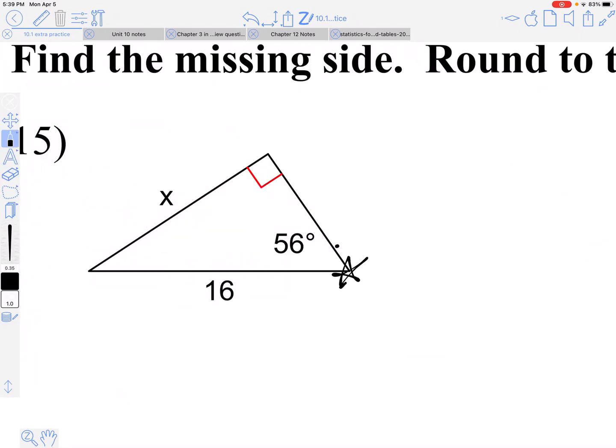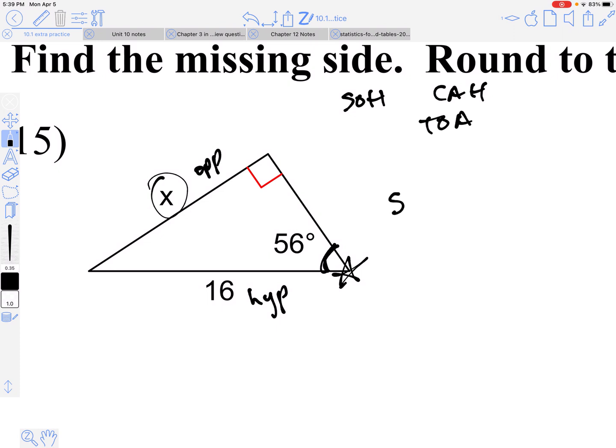So here's our angle that we're looking at. It's 56 degrees. And look at the relationship. X is an opposite, adjacent, or hypotenuse? Opposite. 16, hypotenuse. So remember SOHCAHTOA. We're working with sine here, right? So sine of 56 degrees will be opposite over hypotenuse.